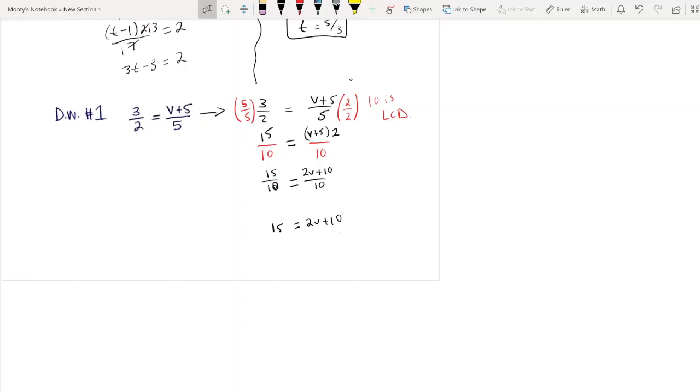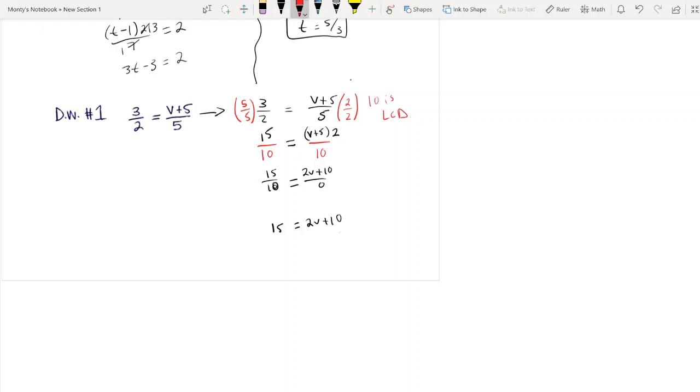Now you'd be asking, how do we go from here to here? Well, you could multiply through by 10 over 1, and then you have your cancellation here. And so that is why we can do that.